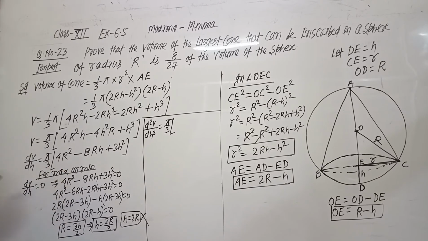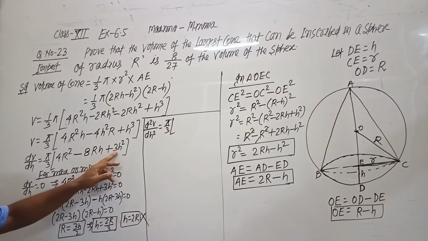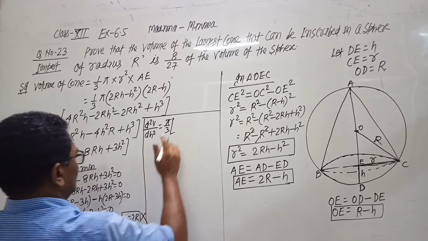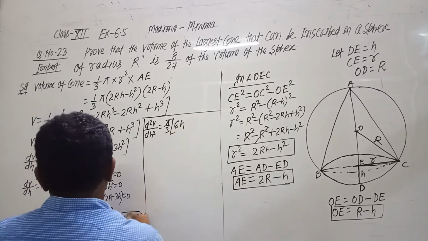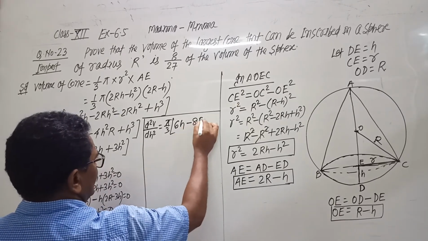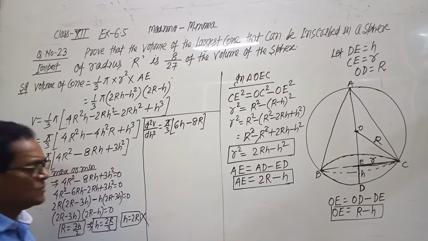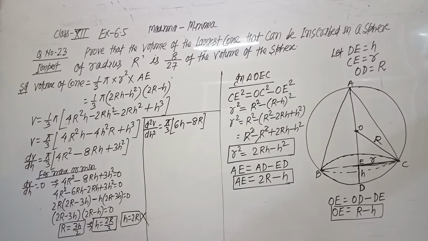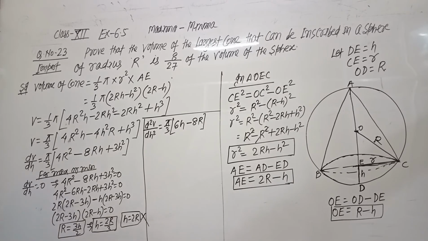Differentiation of 4r square is 0, differentiation of 3h square is 6h, and differentiation of 8rh is minus 8r. So we get d2V by dh square equals pi by 3 into 6h minus 8r.